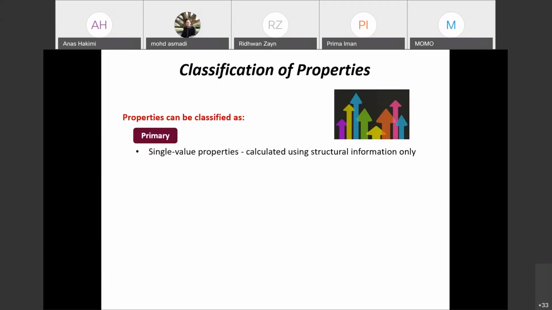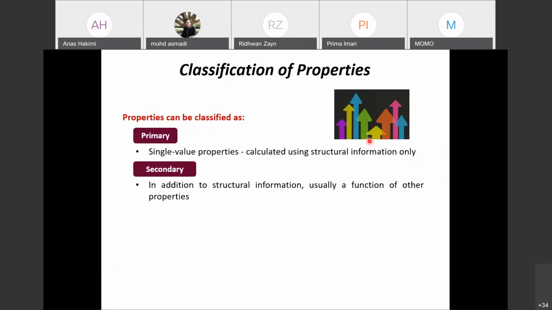That is a primary. And then secondary, in addition to structural information, is usually a function of other properties. It usually depends on the primary. Of course it is going to be redundant with the primary, because we need information from the primary.